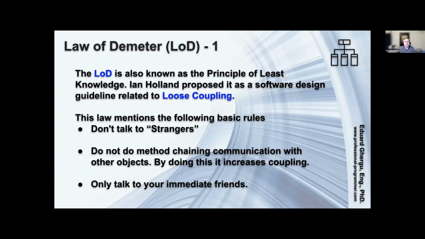So don't expose too much to others. Do not do method chaining communication. Again, don't expose too much to others, inviting different classes or other programmers that are using your object to use different properties that can change the behavior in an uncontrolled manner. And of course, it's something that increases the coupling between classes.